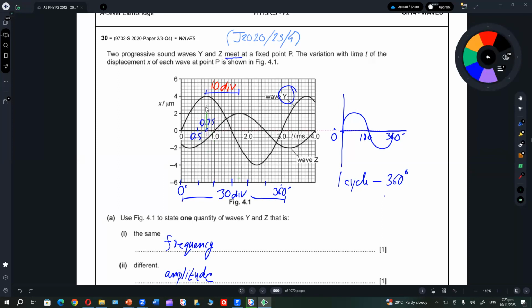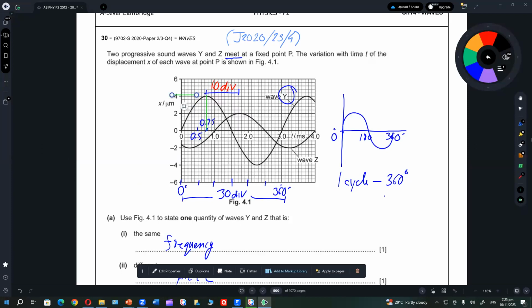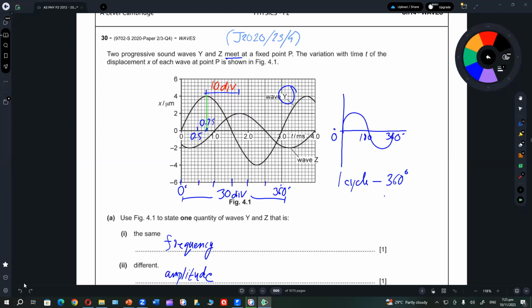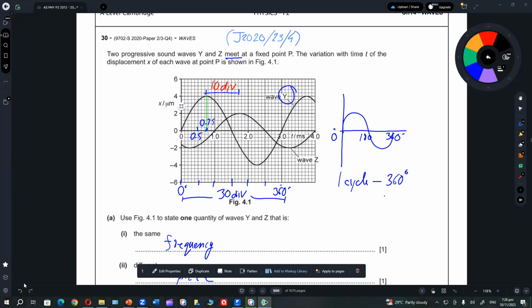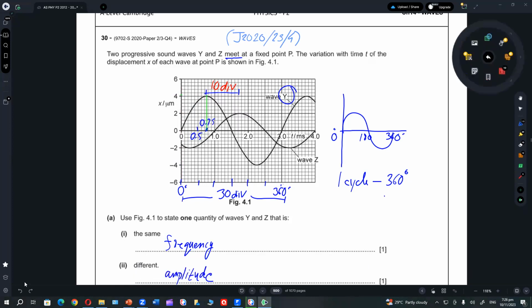So if we mark from here like this, the answer is 3 coming from 4 minus 1. If I read from here, it is 4. And if I read from here, it's coming 1.